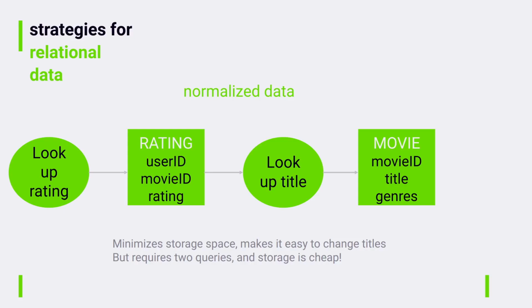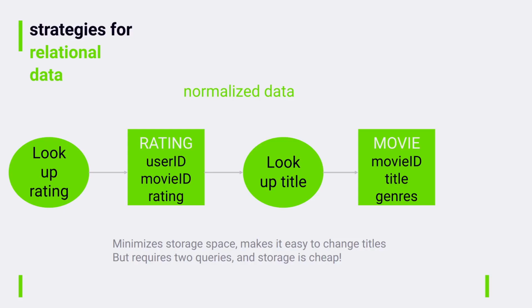So I would then do a second request to get the title of the movie using the movie ID from the movies.csv file. This whole approach is the normalized approach where we are storing ratings and movie names independently, and we don't want to make a copy of the movie name in every single rating entry.